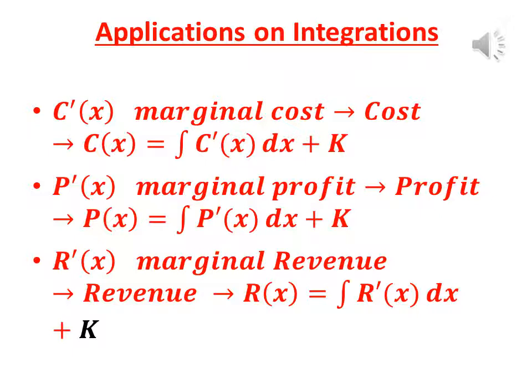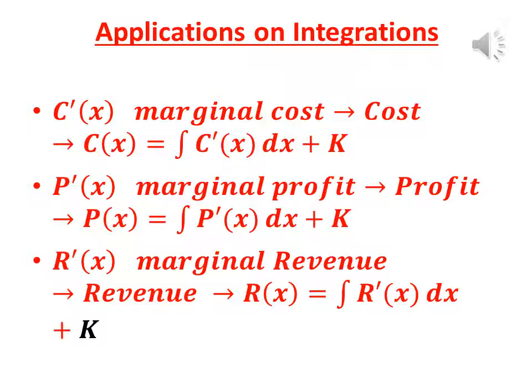Okay, now we are in integration. Find the cost, find the profit, find the revenue, meaning integration of marginal. Find the cost: the cost is equal to the integration of marginal cost.